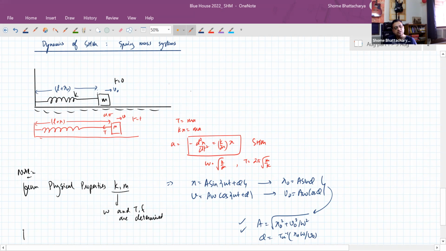And then from the initial condition of the system, by which we mean the initial displacement and initial velocity, we determine the amplitude and phase constant. So that gives us the equation of SHM. So this was the general idea. Okay. Now we will also see the application of work energy and mechanical energy of oscillation next.